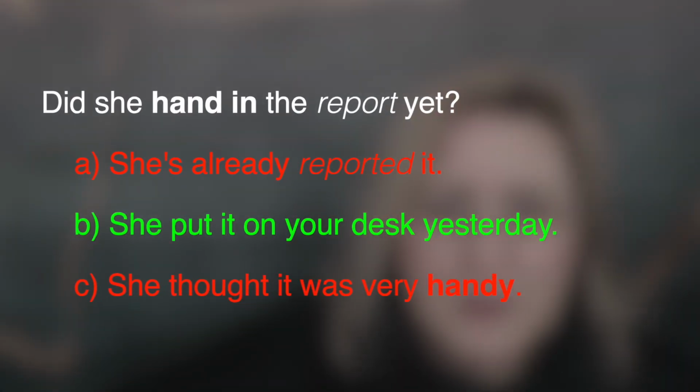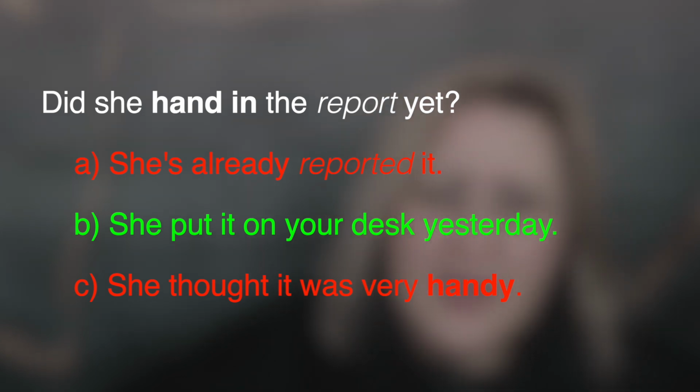B is the correct answer. In answer choice A, reported has a similar sounding word to report in the question, but actually it's a verb, not a noun, and has a different meaning. Similarly, the word handy in answer choice C sounds like part of the phrase hand in the question, but also has a different meaning.